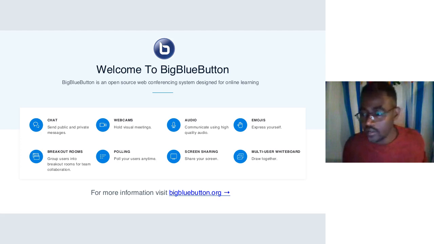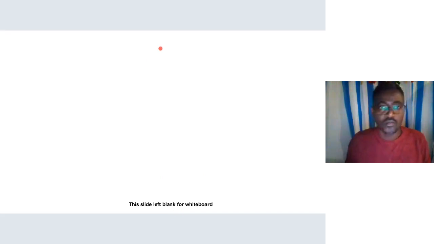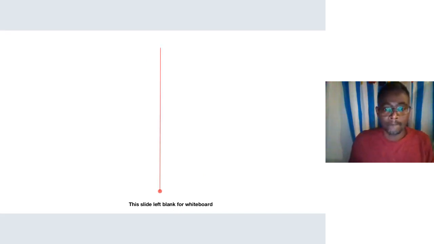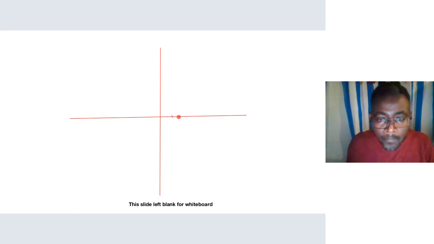Okay, here we go. Let me draw the coordinate plane first. So the maximum point is 5, so I'll plot a 5 by 5 coordinate plane.